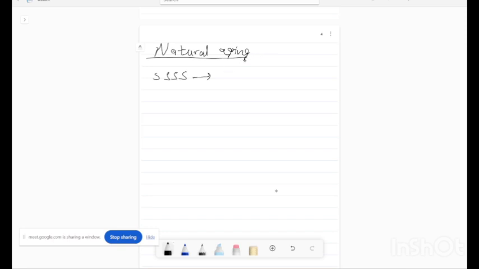Due to aging, the excess solute atoms will squeeze out from the saturated solid solution and form clusters. So excess solute atoms form clusters at a definite plane or certain planes.